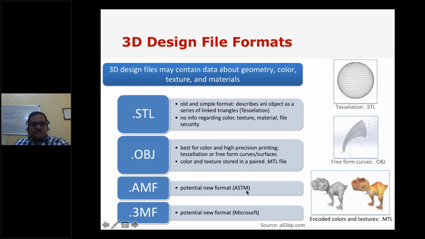AMF is developed by ASTM, and there is also .3MF. Nowadays .3MF is very well known and people are adopting it, and surprisingly it is from Microsoft. So these are the four popularly used file formats in 3D printing.